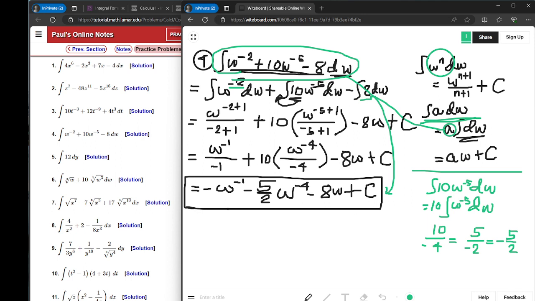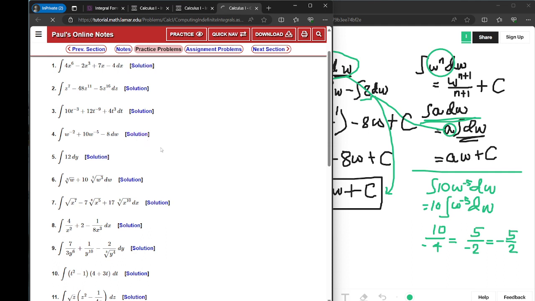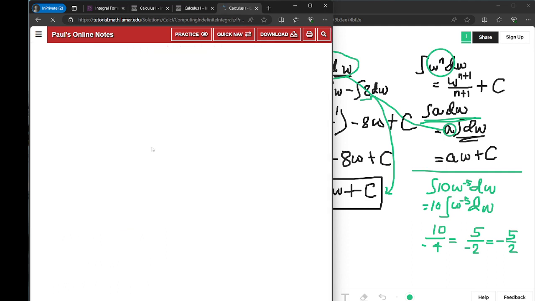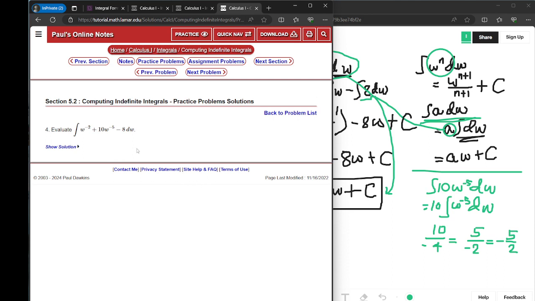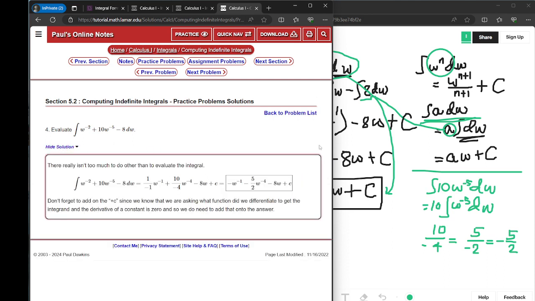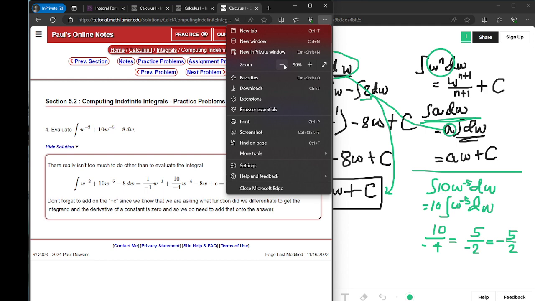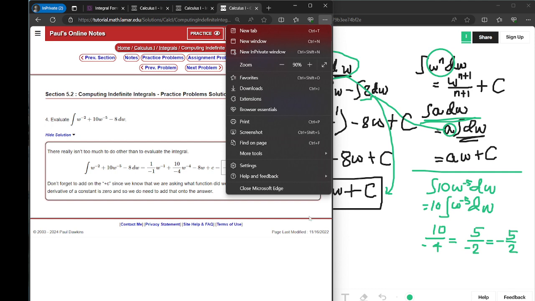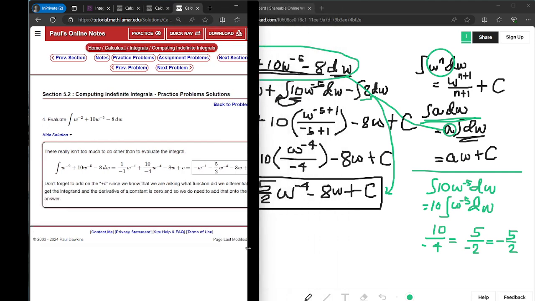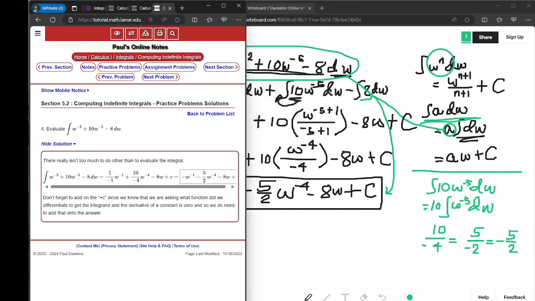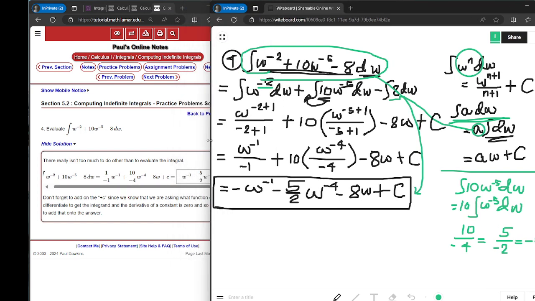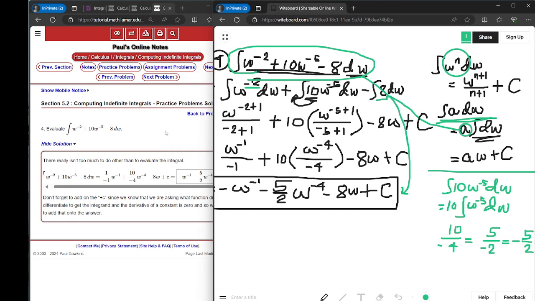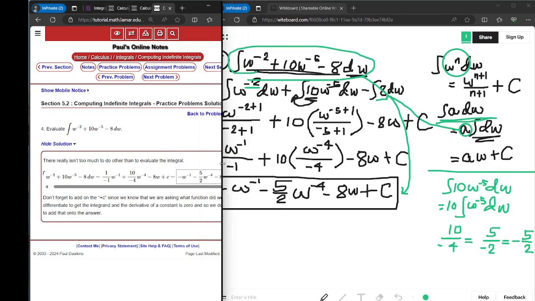All right. Now let's check with Paul's answer. Let's click the solution. It only has the answer, but it doesn't show us the solution. So we'll just have to change the zoom and adjust.